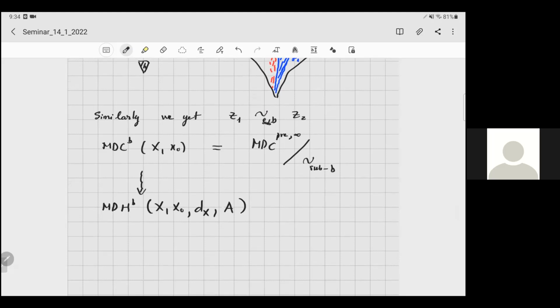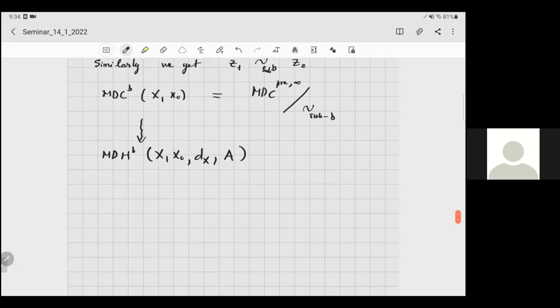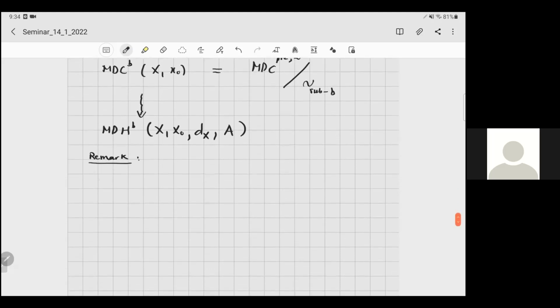Now the remark: if we take b equal infinity, we recover the singular homology of the link of the set.